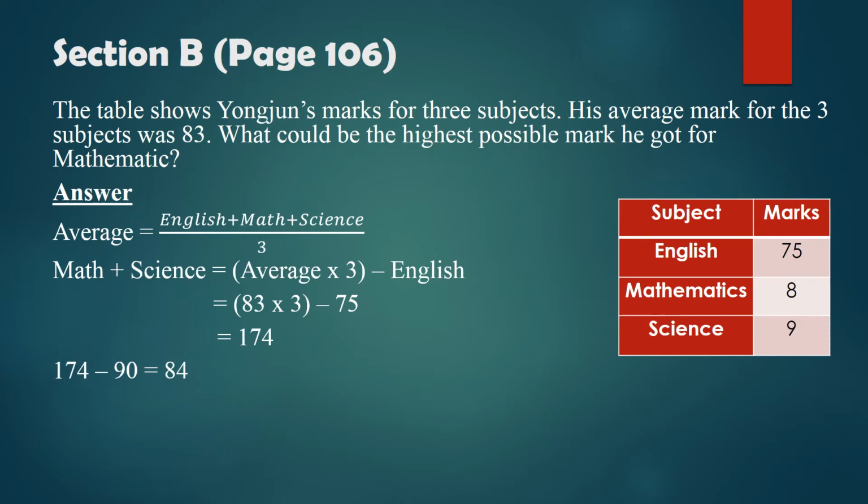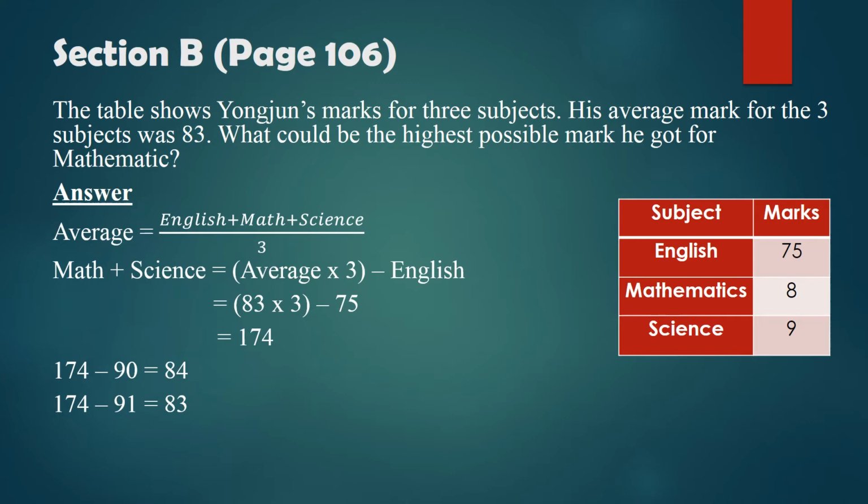In order to find the score of math, you have to take 174 minus 90. Why do you need to minus it by 90? Because you want to find the mark of mathematics. And then again you take 174 minus 91 and then you got 83.